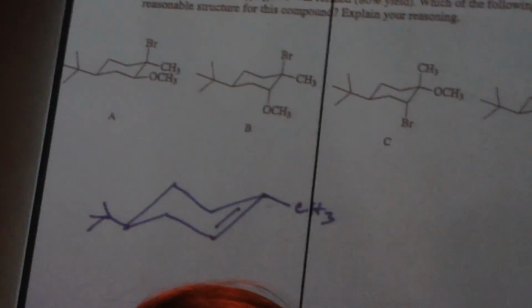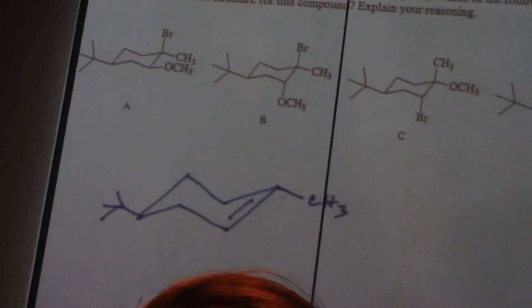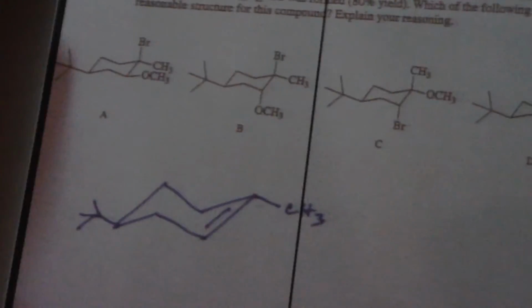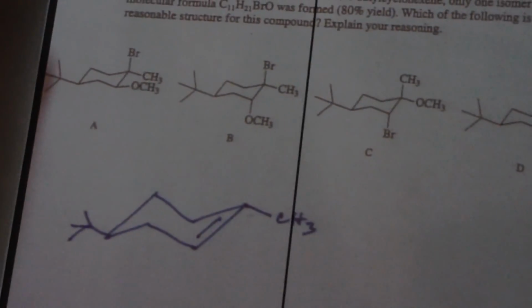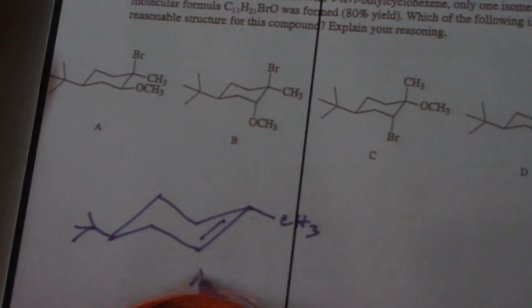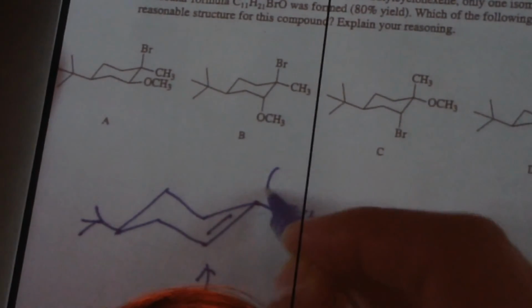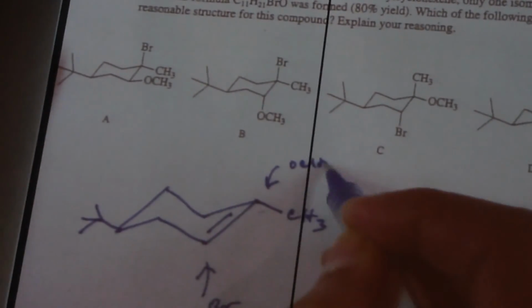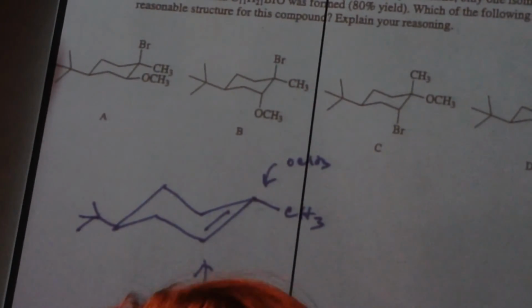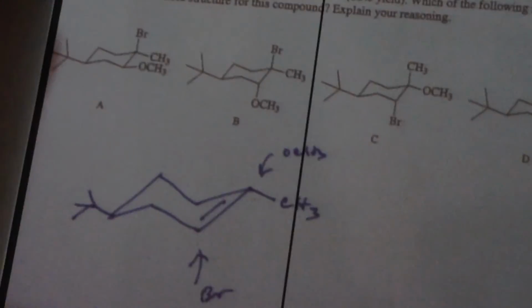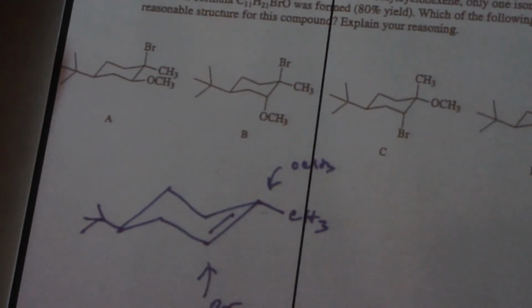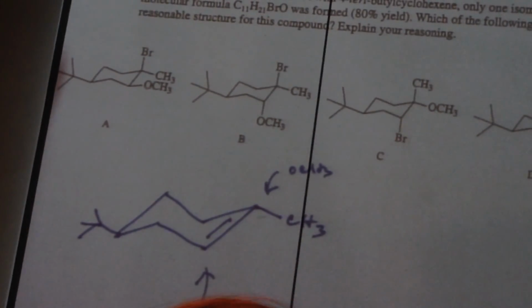It's important that you add the OCH3 group to that particular carbon, right? So the methoxy would go there, and the bromine is going to go to the other carbon. So the bromine will be added here, and the OCH3 will be added there. Also, the relationship is going to be trans. So either they will be diaxial or diequatorial, right?